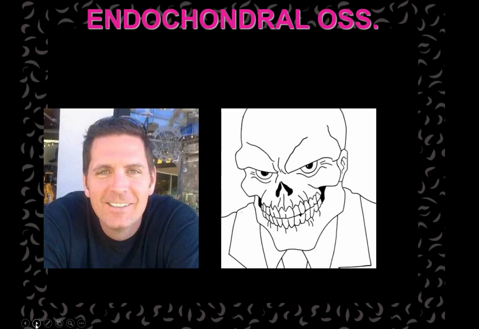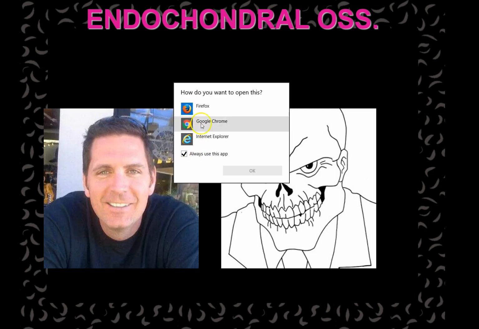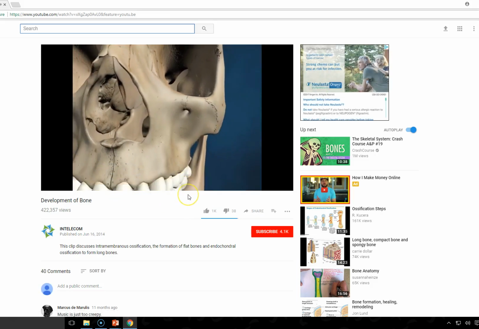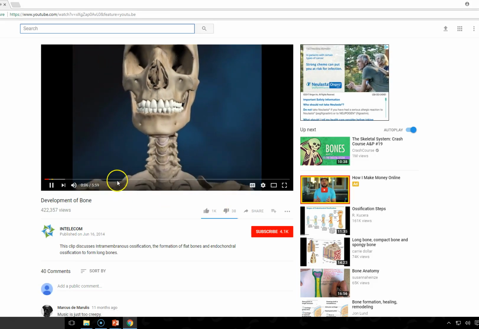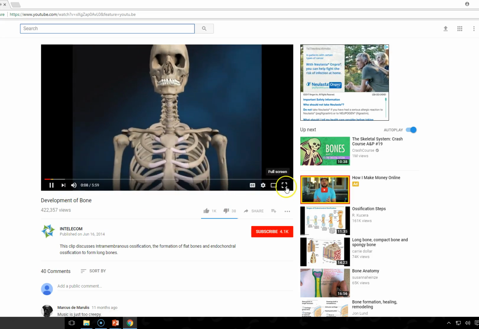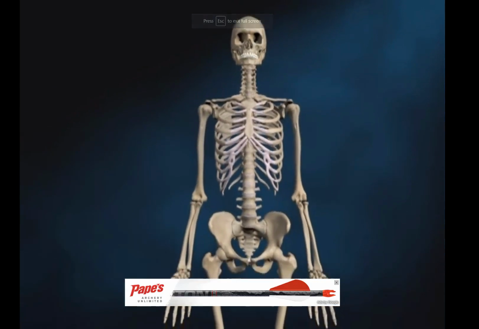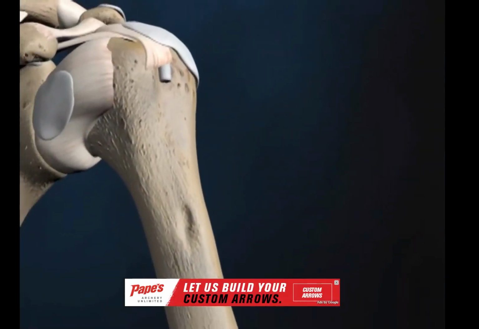Oh. That's what I look like when I take my mask off. I don't even remember what this is, but I know it's a link. But I also know that the damn volume doesn't play with the microphone on. So let's see what comes up here. Oh, it's so much better when we have volume. Sorry. Let's see what they show us here. Looks like a skeleton to me.